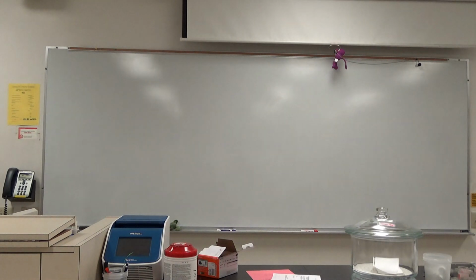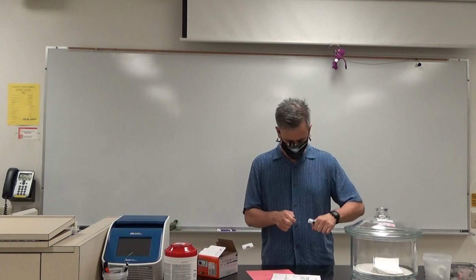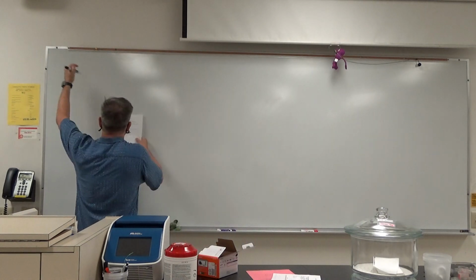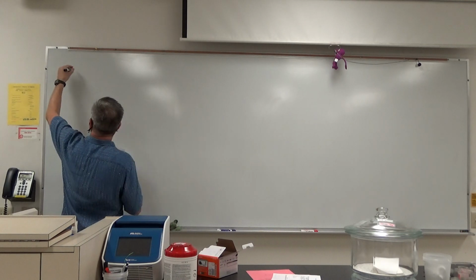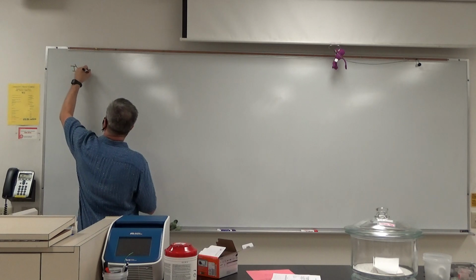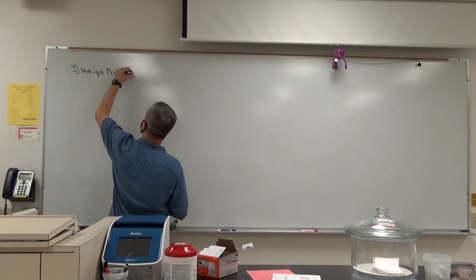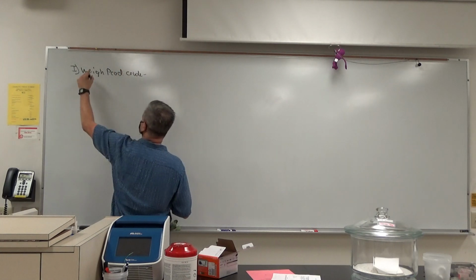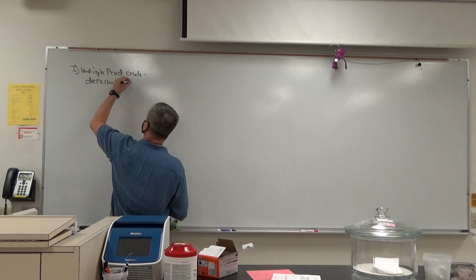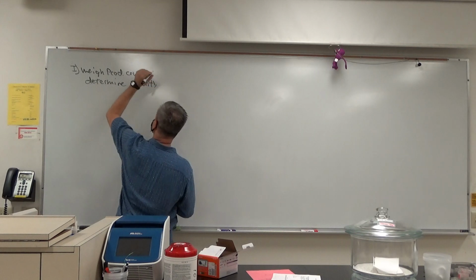Let's talk about what we're going to do today in terms of figuring out how much product you got and how you set up your traps. Weigh the product, crude, and determine percent purity.